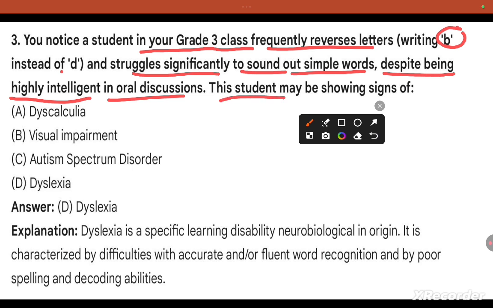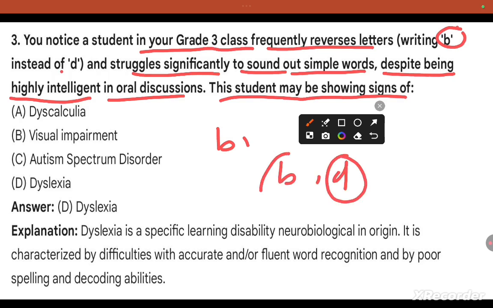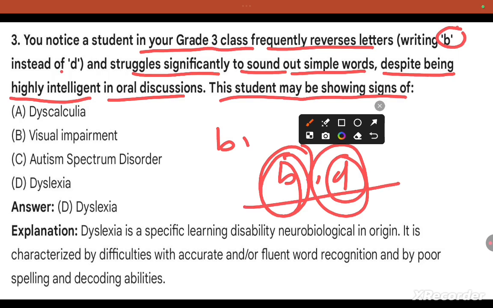This student may be showing a sign of a problem in learning. Whenever pronouncing these letters, B and D, the grade 3 student is getting a problem.